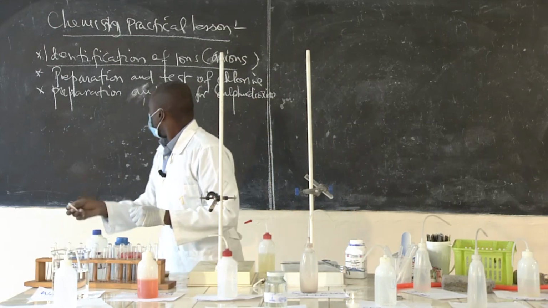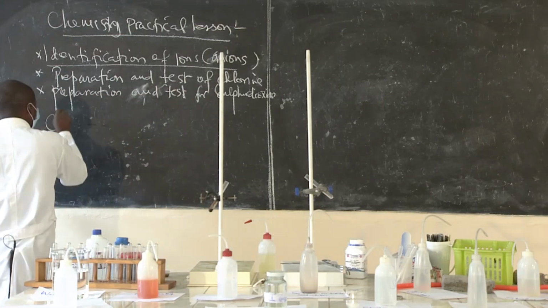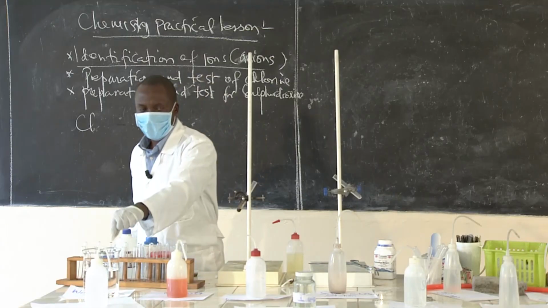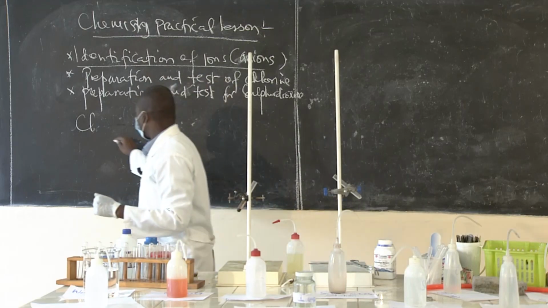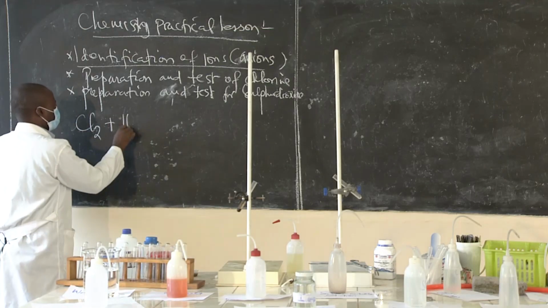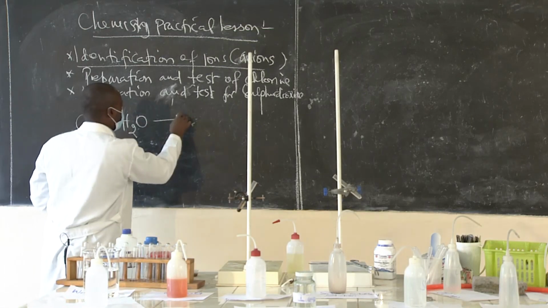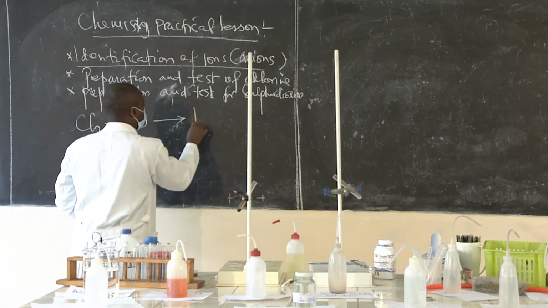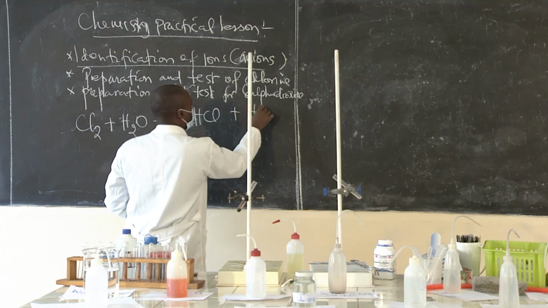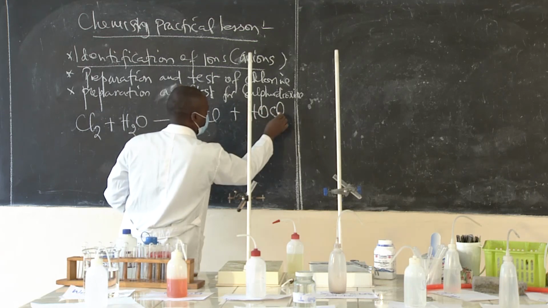Here, we said chlorine. Remember when I was putting the litmus paper, I had to put it in the water here. So chlorine does not bleach when it is dry. So it reacts with water, and then it will form hydrogen chloride, hydrochloric acid, and then hypochlorous acid.